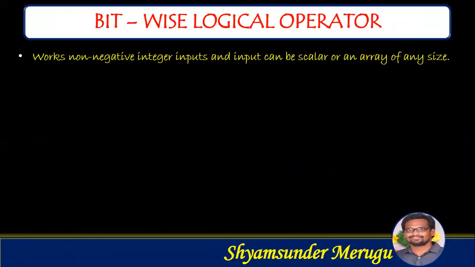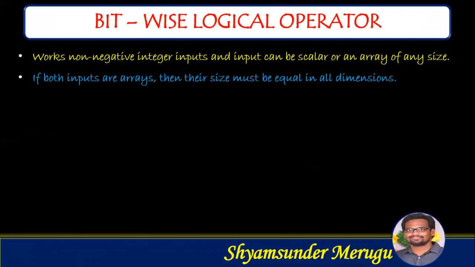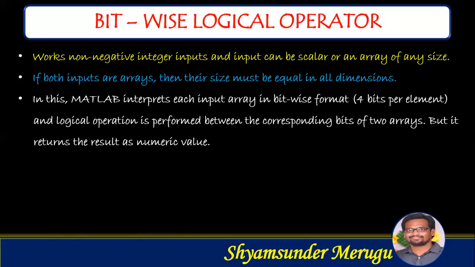Coming to the bitwise logical operators, they work on non-negative integer inputs, and the input can be a scalar or an array of any size. If both the inputs are arrays, then their sizes must be equal in all dimensions. In this, MATLAB interprets each input array in bitwise format.